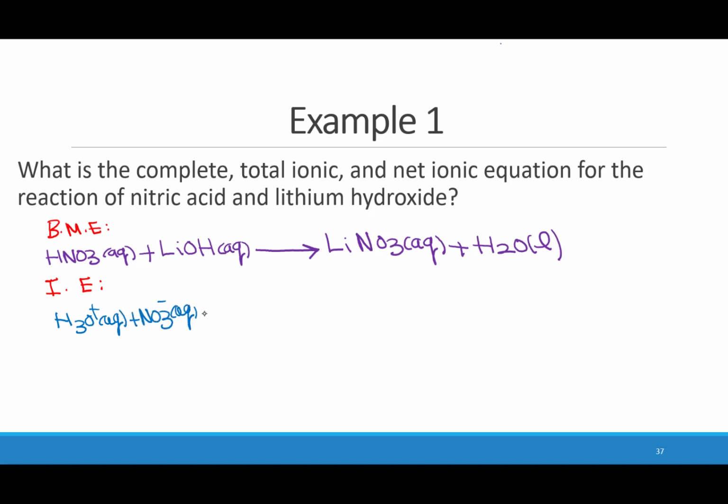That's for nitric acid. Now lithium hydroxide is also a strong base. Therefore, it will undergo 100% separation, which produces lithium ion and hydroxide ion.